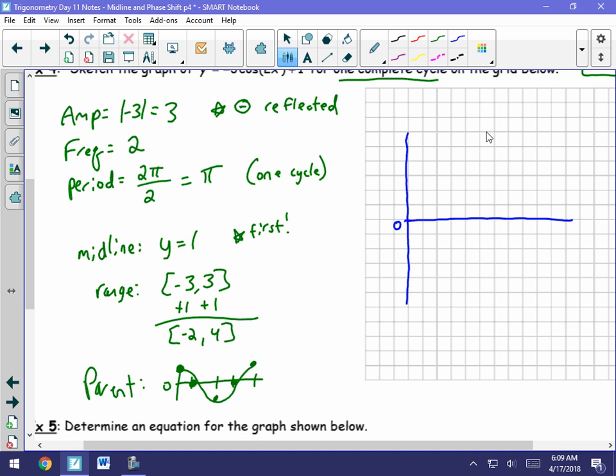Again, skip a couple of squares. Let's say I do 1, 2, 3, 4. If one cycle is pi long, again, that means I'm going to label that last one as pi. And if you want to go through and figure out what these are, you can. Half of pi is pi over 4, so you're really counting up by pi over 4, but it doesn't matter. Okay, as long as you have this ending value marked there, that'll be fine.